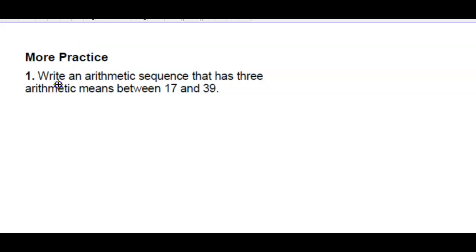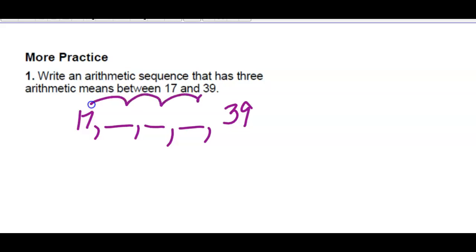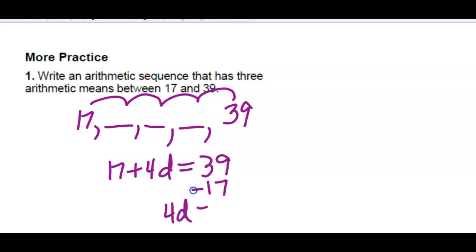Now, this one says write an arithmetic sequence that has 3 means between 17 and 39. So again, 1, 2, 3, 4 differences were added to get to 39. If we subtract 17, we get 22. And if we divide by 4, we get 11 halves, or 5.5.